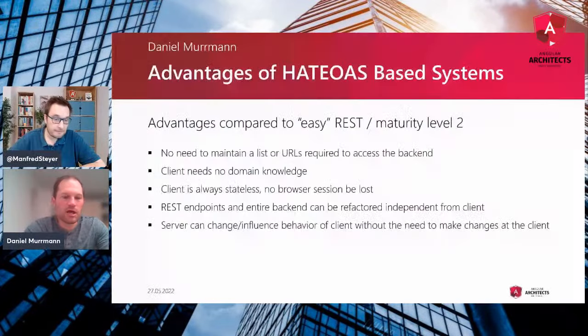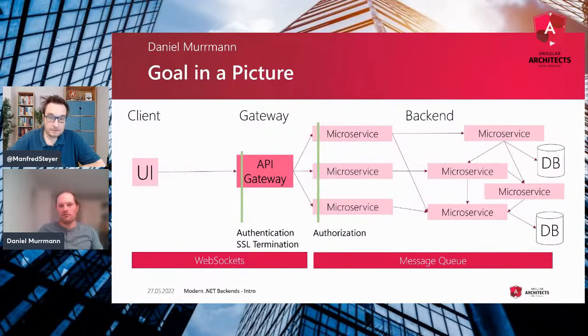And to visualize this a little bit more, I also have one slide here. Typically on the back end, we have multiple microservices and we have a UI at the front end. And in some cases, maybe it is okay if the UI talks with multiple microservices. But I learned in most cases, it is better to have such an API gateway. An API gateway which is responsible for delivering optimized responses for the client.